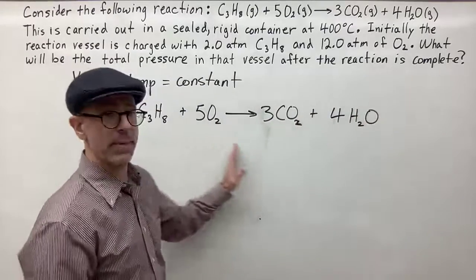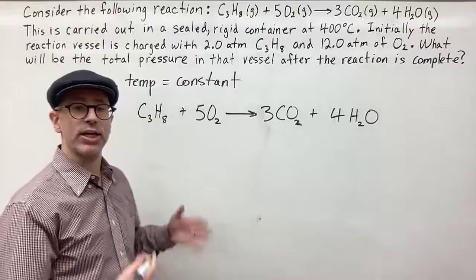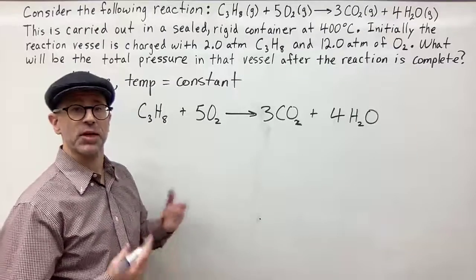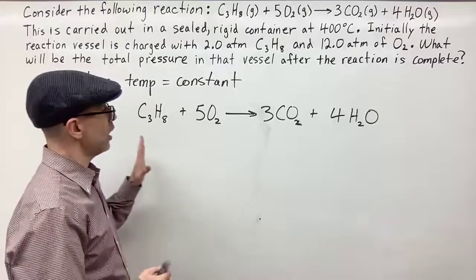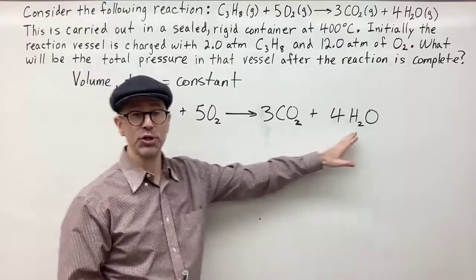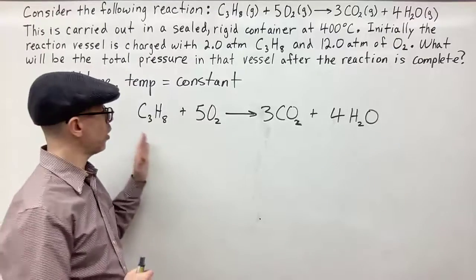Okay, so here's my balanced equation, and we can do a stoichiometry table. So we can figure out what's going to be produced from what we're given.